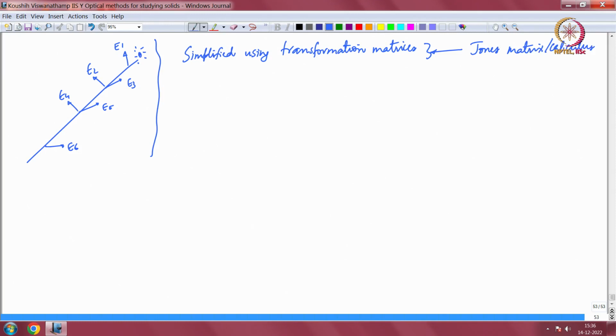So, Jones matrix is probably a better term to use. And so, we represent each optical element by a matrix.